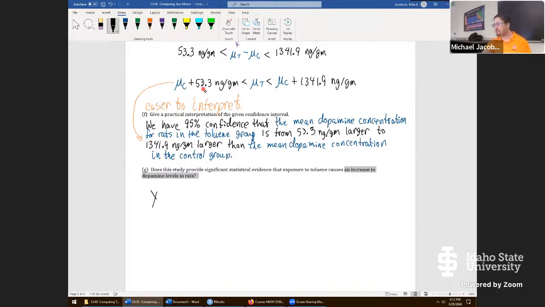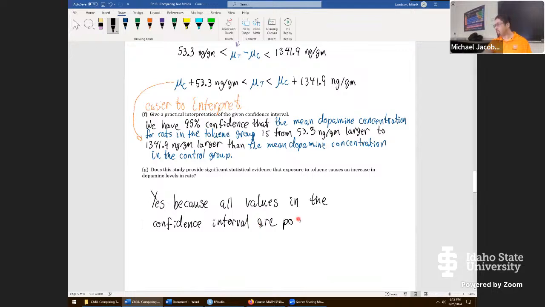Here we can say yes, because all values in the confidence interval are positive.